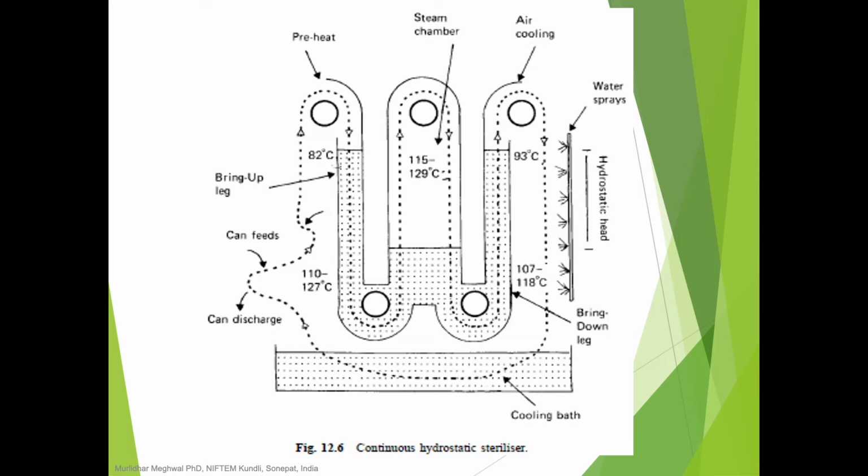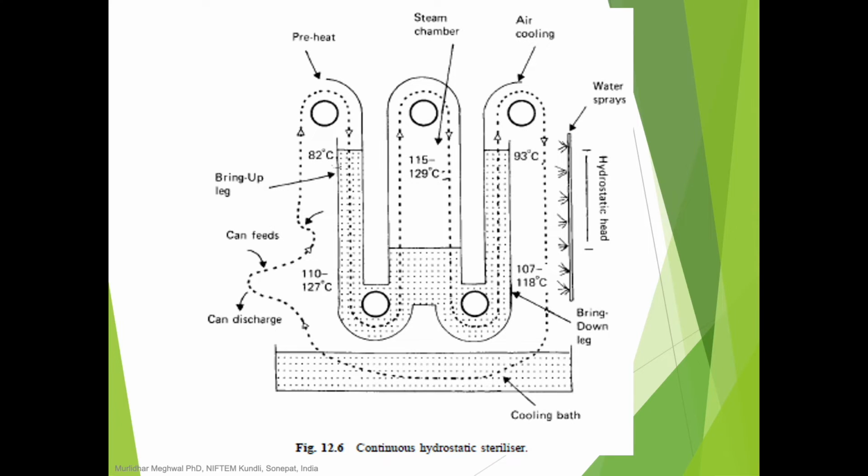In the preheat section, the temperature is 82 degrees Celsius. Then initial primary heating is done, and then it is taken to the hot section, where the temperature is like 110 to 120 degrees Celsius. Then in the steam chamber, the temperature increases from 150 to 129 degrees Celsius.